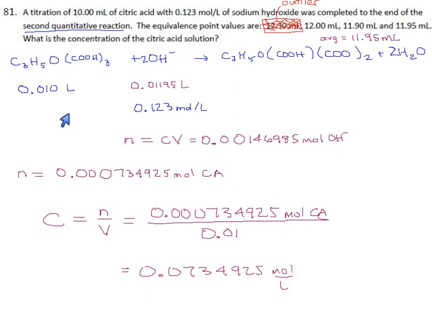And let's get our significant digits figured out here. 4, 3, 4. Okay, so our worst measurements have 3 significant digits. So this gets cut down to either 0.0735 moles per liter, or you could say 7.35 times 10 to the minus 2 moles per liter.